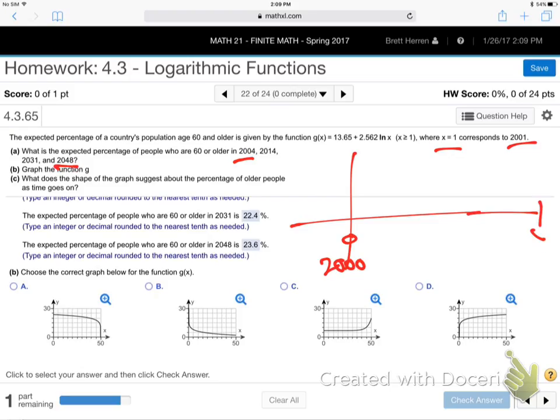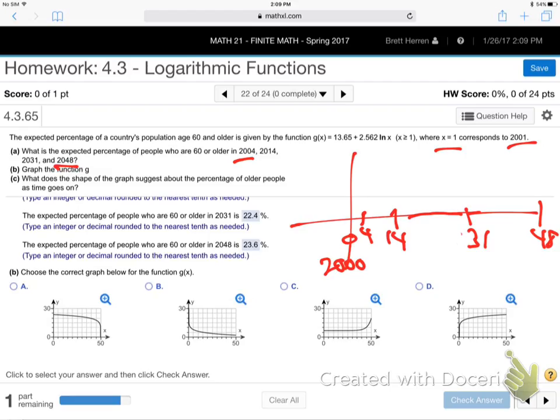So way over here is 48. And 14's about right here. Here's 2014. Here's 4. 31's about right there. So just put those values on the graph.